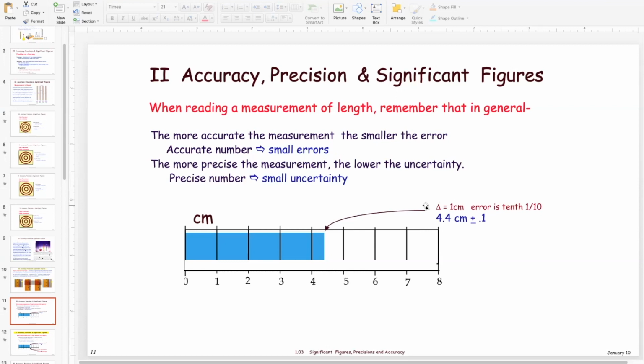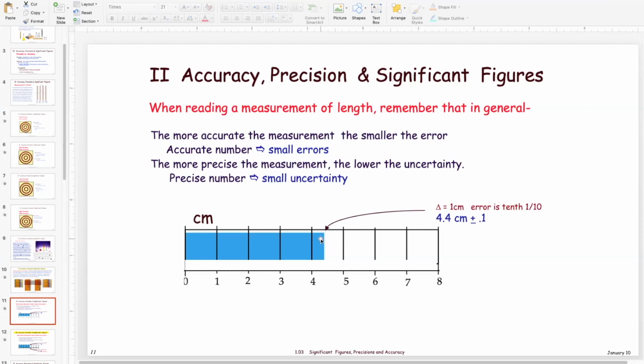So the delta, which is the difference between this line and this line, is 1. And so you're going to be able to read your measurement to 1 more decimal place after that. So you can estimate this about 40% to the next line. That means this measurement's about 4.4 centimeters.